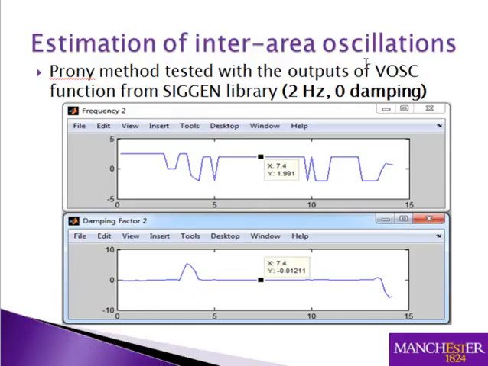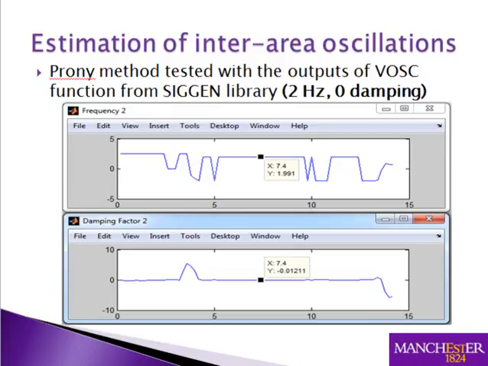And we have generated with VOSC, if you remember the equations described for the VOSC function, a 2 Hz and 0 damping sinusoid, and Prony has estimated 1.99 and minus 0.01, which is great. It's 1% accuracy.